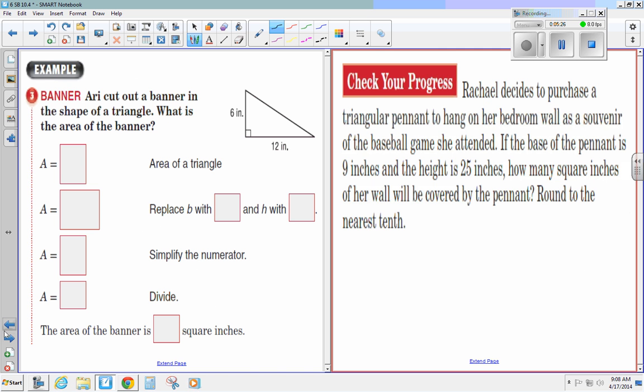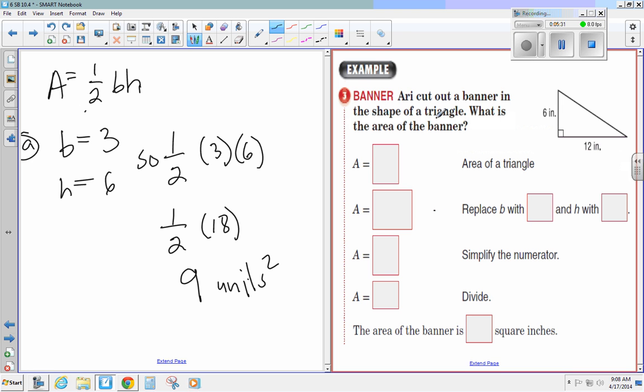All right. Ari cut out a banner in the shape of a triangle. What is the area of the banner? Well, here is a triangular banner. We know the area of a triangle is base times height divided by 2. We know the base looks like 12. The height is 6.